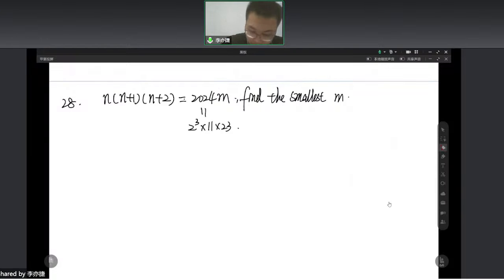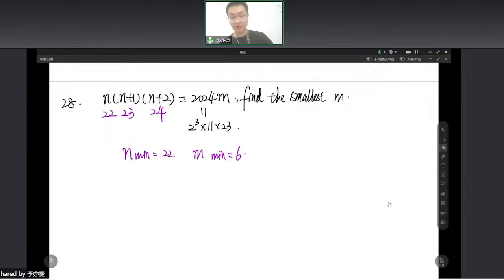So if it's 23, then it should be 22, 23, and 24. I believe this one satisfies. So the m minimum is 22. Then n is 6. I don't know if it's asking for n or m. It's asking for n, then n.